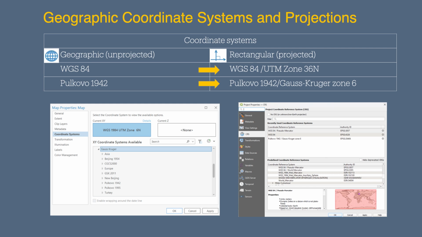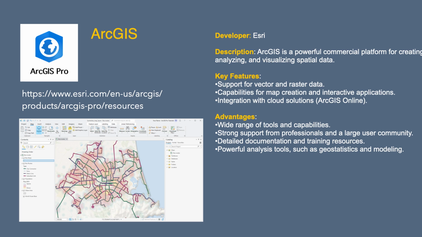In conclusion, understanding geographic coordinate systems and projections helps us analyze and visualize spatial data better. By using the right projections, we can represent our data in a way that makes sense for our analysis and decision-making processes.